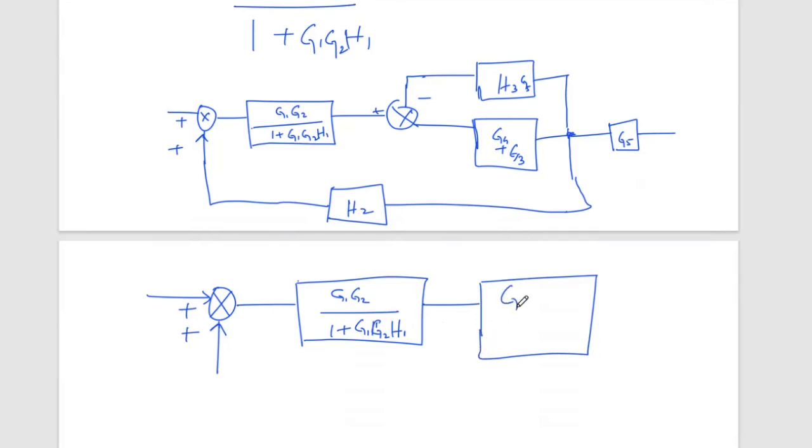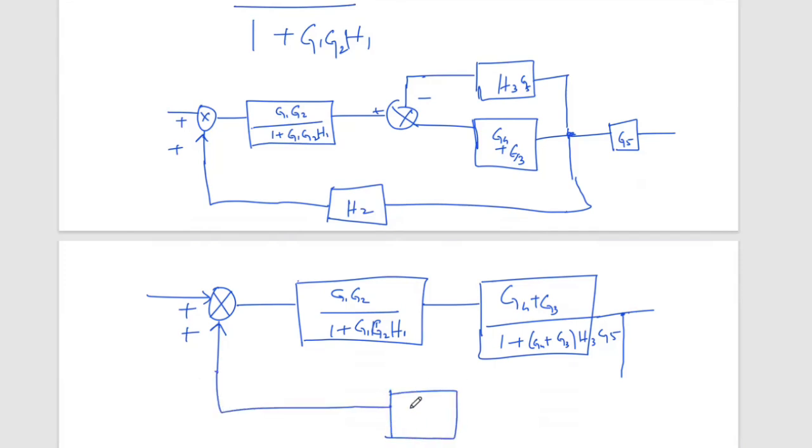What is this? G4 plus G3 divided by 1 plus G4 plus G3 into H3 G5. Okay, this is correct.